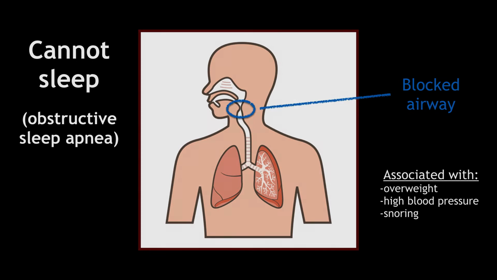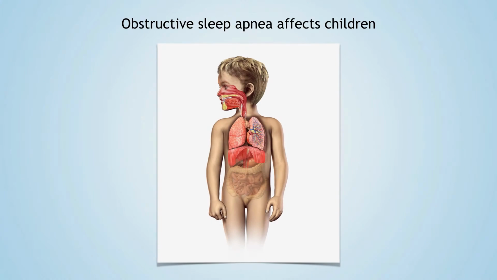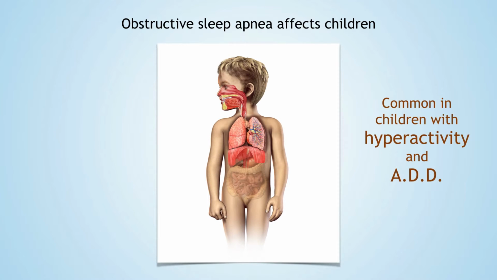But recent research is also finding that obstructive sleep apnea is very common in children with hyperactivity and attention disorders. Interesting. We were just in some of our other recordings talking about the connection between sleep and ADD. Mm-hmm. So we're all coming to the same conclusions.